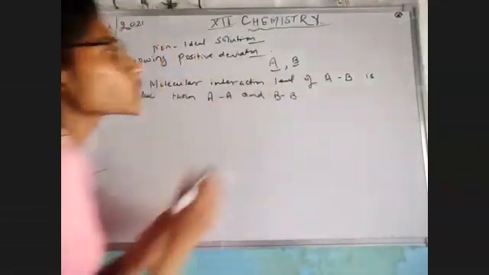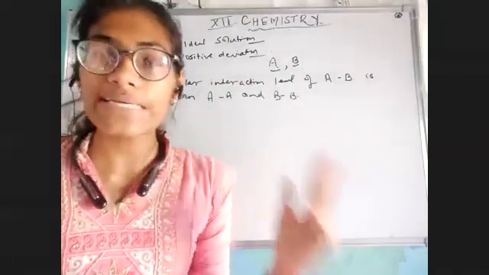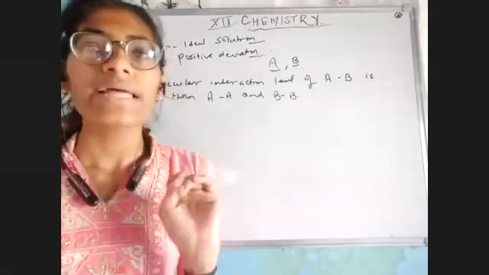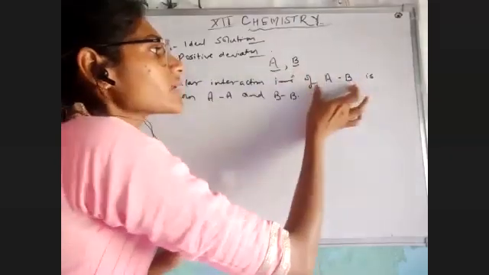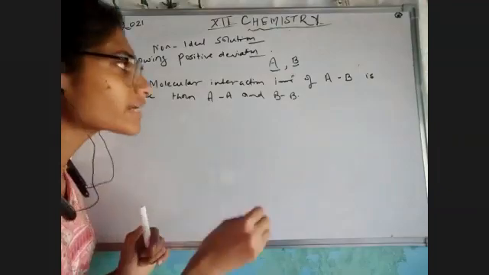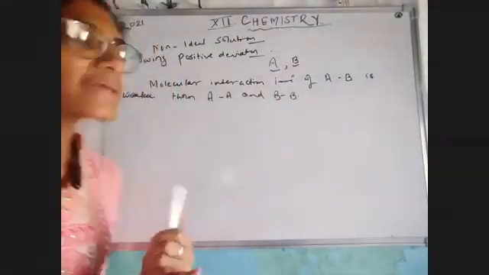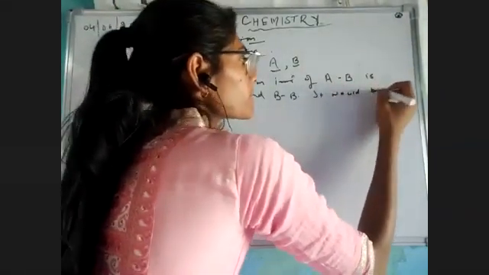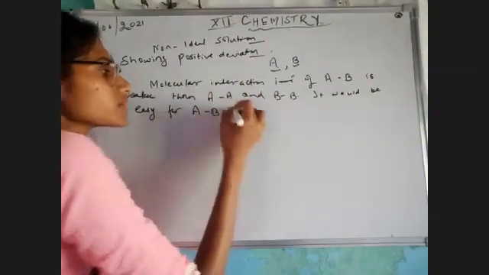That means if there are two components present in the solution, one component is A, another component is B. If A and B combine, that is AB, they have the weaker molecular interaction as compared to AA and BB. Okay? That means it would be easy for AB to escape.